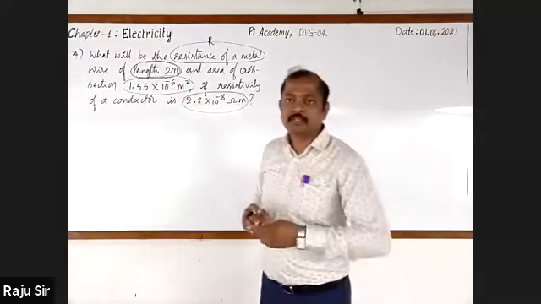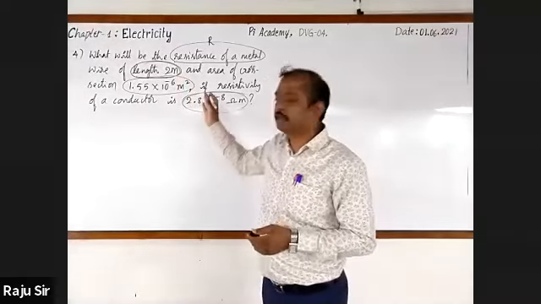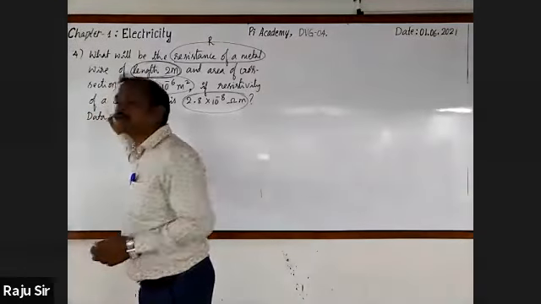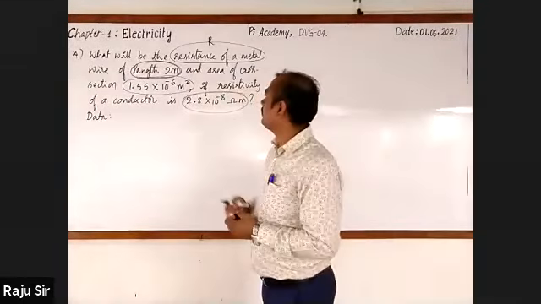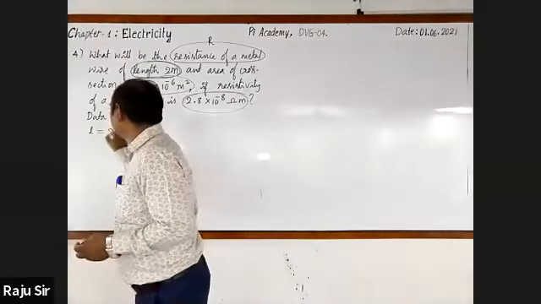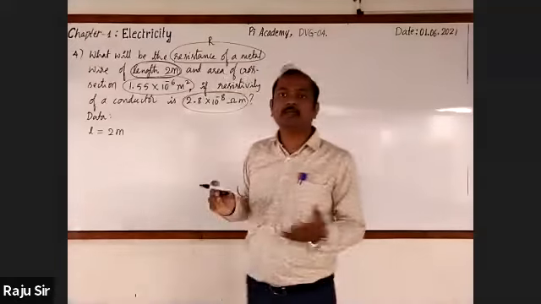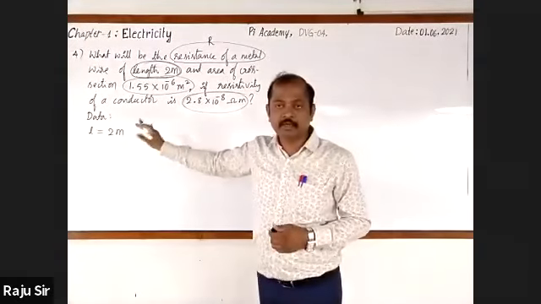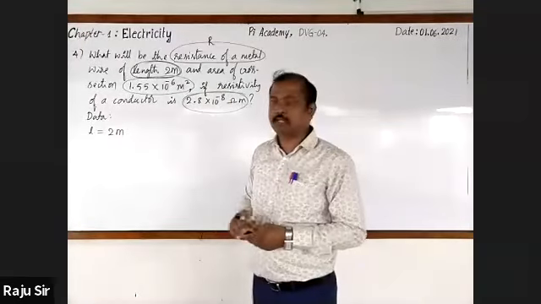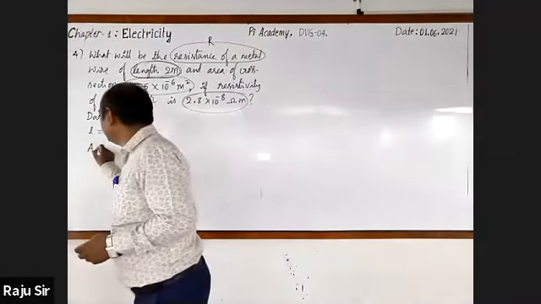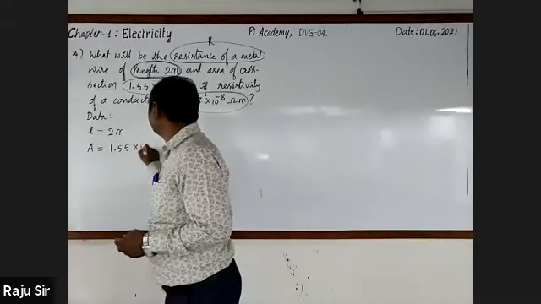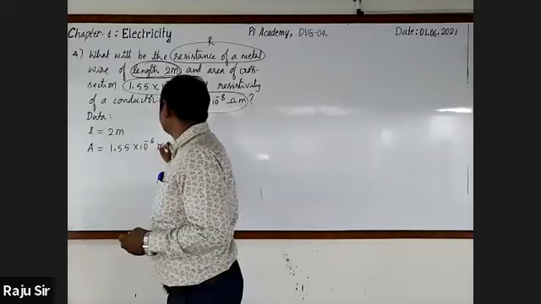With this information, you are going to find the resistance. First, let's write the given information as data. Please go on copying with me. Length has been given, L is equal to 2 meter. No need to change the unit because it is already in SI unit. Area of cross section, capital A, is equal to 1.55 into 10 raised to the power minus 6 meter square.